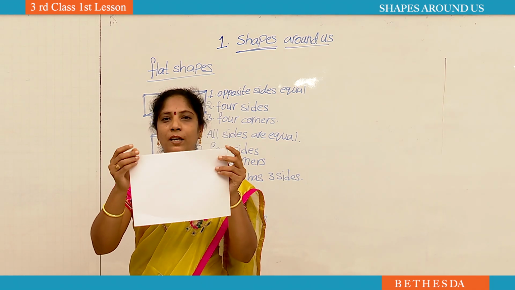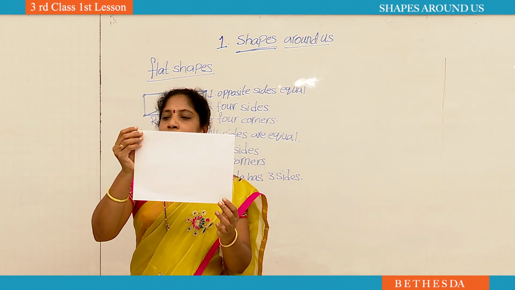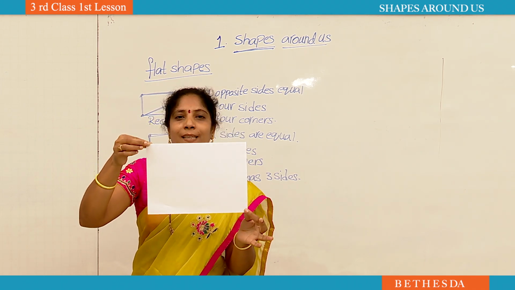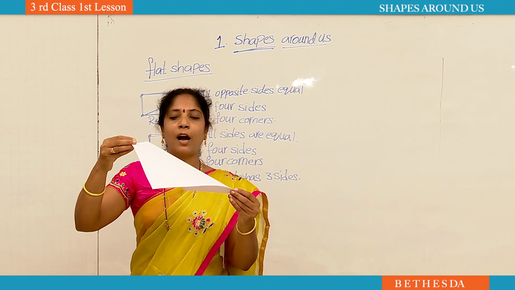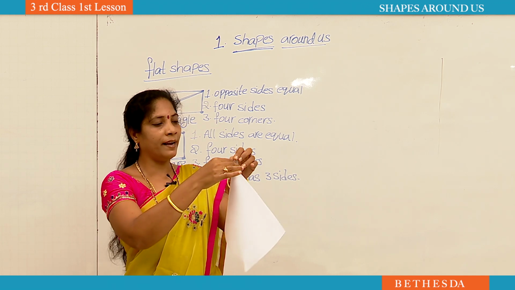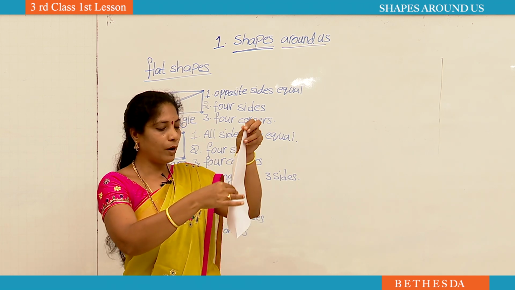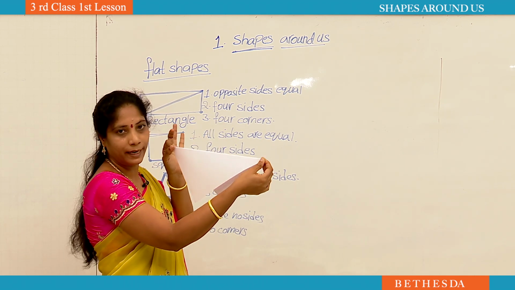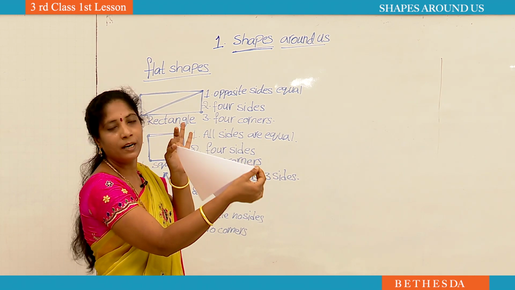Corner by corner, these are called adjacent corners. One corner opposite another corner, these are called opposite corners. If you draw a line to the opposite corner, that is called a diagonal. See how to form a diagonal: if you join the opposite corners, we get a line that is called a diagonal.